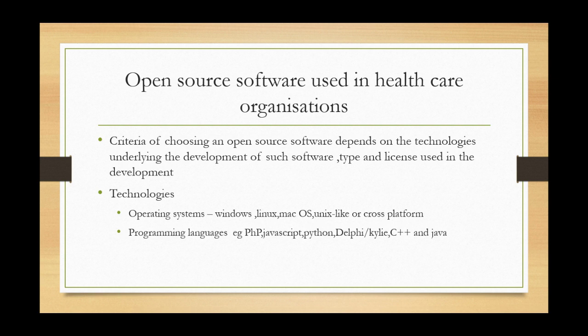We have another programming language called Delphi. Delphi is a programming language and also an integrated development environment for rapid application development of desktop, mobile, web, or even console applications.